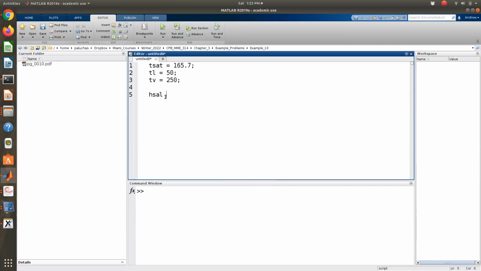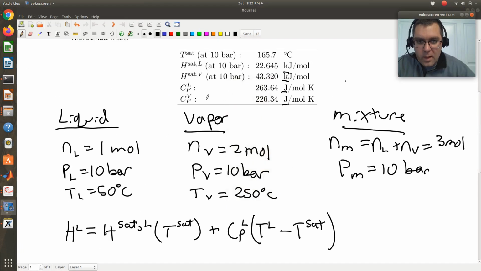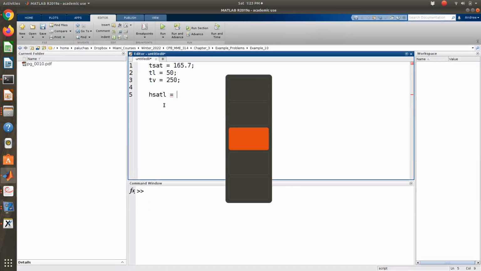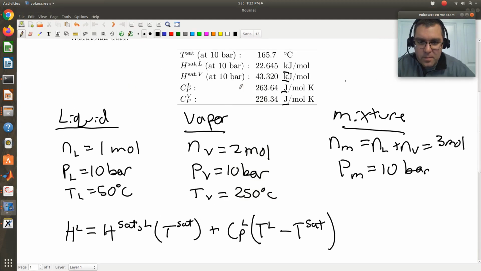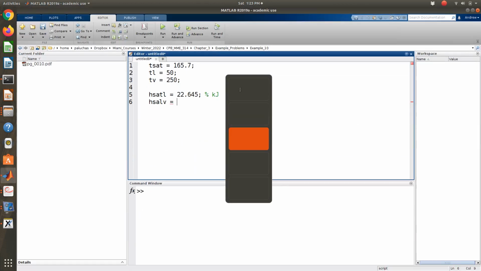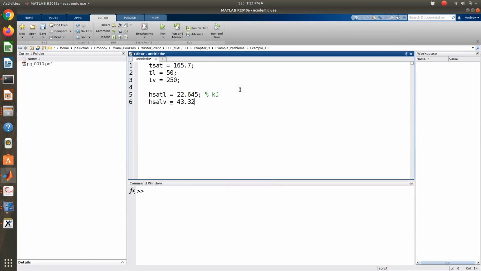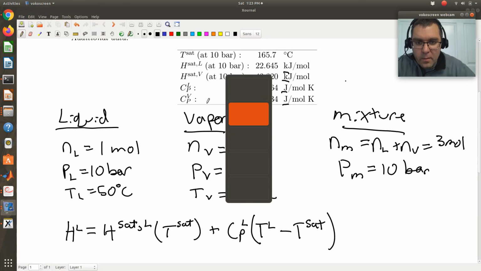Let's get HSat L, and that is 22.645. I'm going to make a note that my unit of energy here is kilojoules. HSat V is 43.320. Unit of energy there is kilojoules as well.